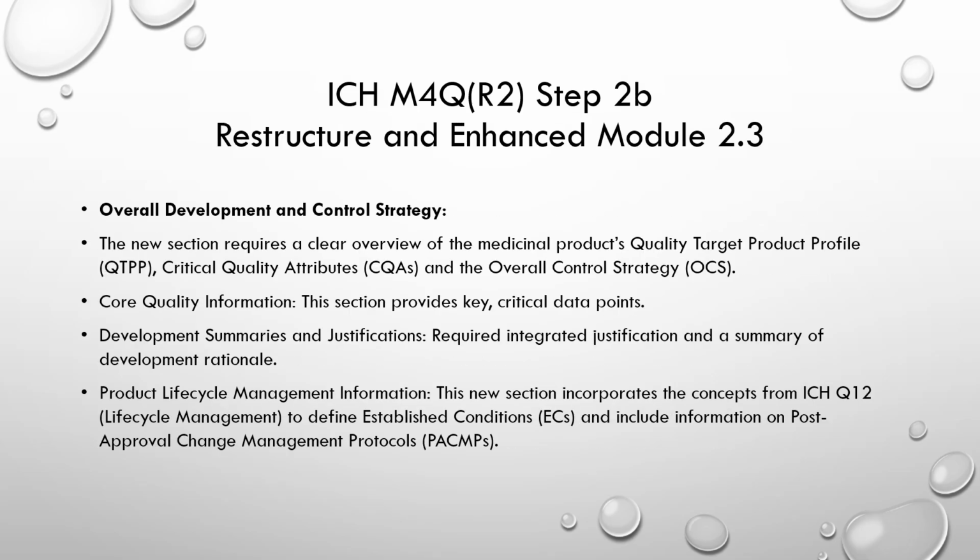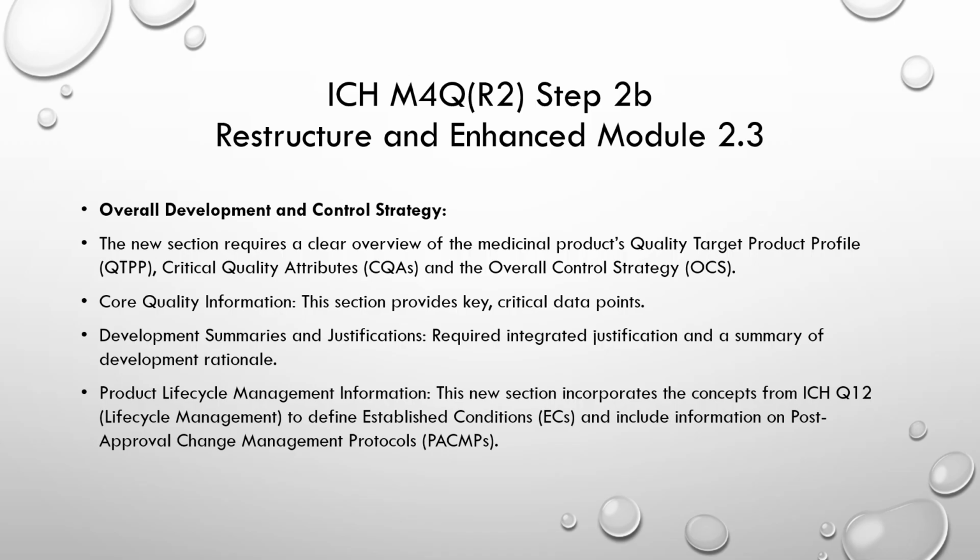What I think is really exciting is the integration of the ICH Q guidelines, particularly on the development strategy and control strategy. I was going to do a life cycle management manual, but I think this has kind of covered it, in my opinion.